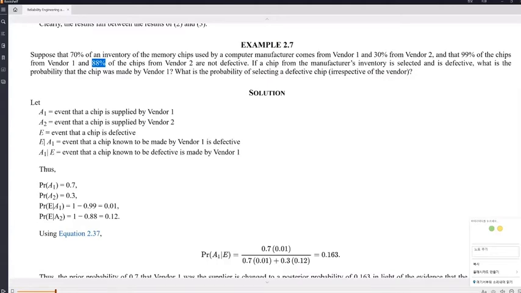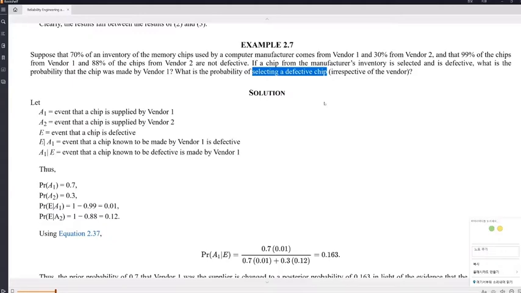So what we can do with the Bayes theorem is this. When we found a defective chip, then we would like to know whether that defective chip came from vendor 1 or vendor 2.